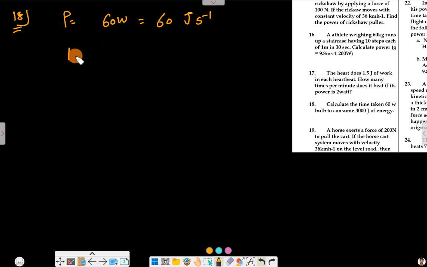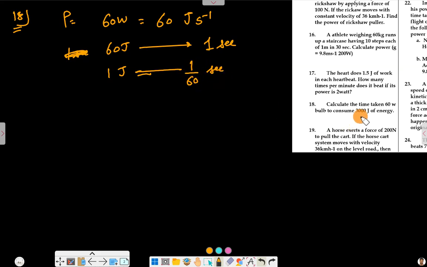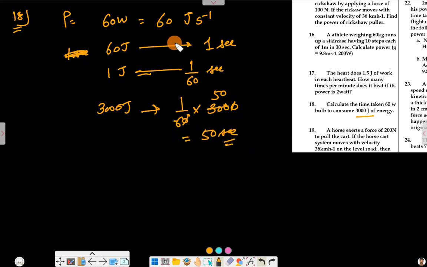So 60 joule of energy is consumed by the bulb in 1 second. 1 joule of energy is consumed by the bulb in 1 by 60 second, and we are given 3000 joule. 3000 joule of energy is consumed by the bulb in 1 by 60 into 3000. So you get 50 seconds. So the bulb will consume 3000 joule in 50 seconds.